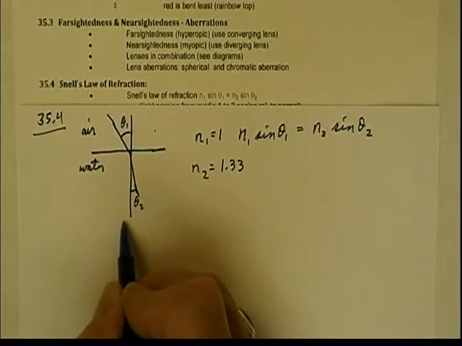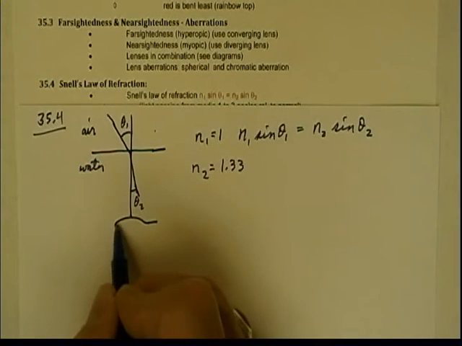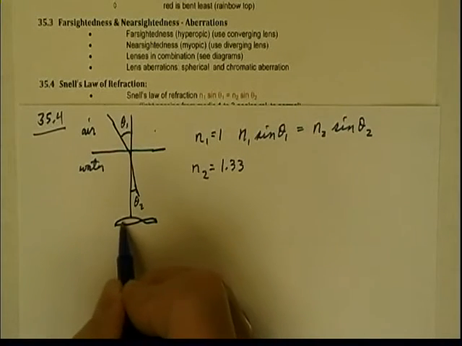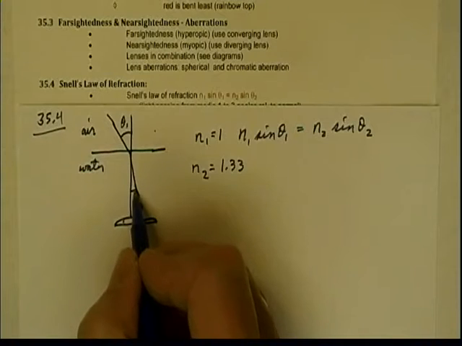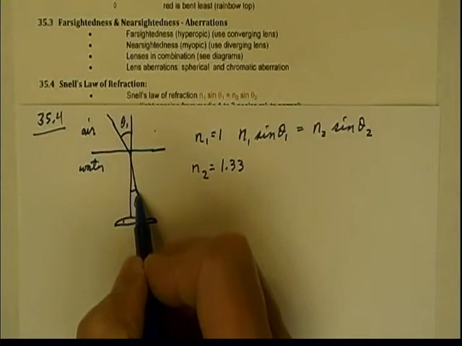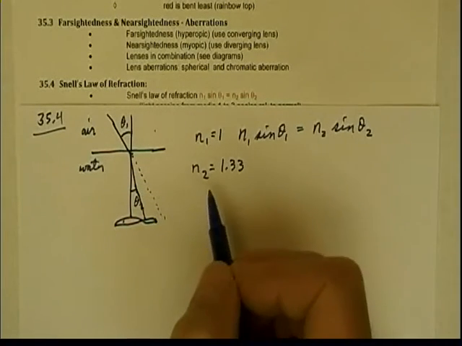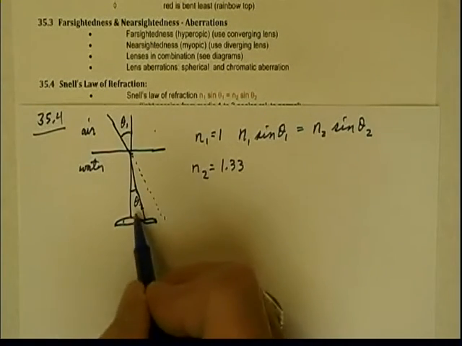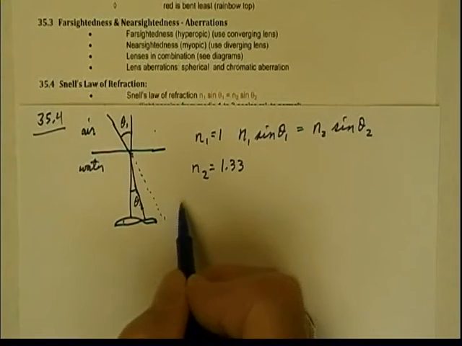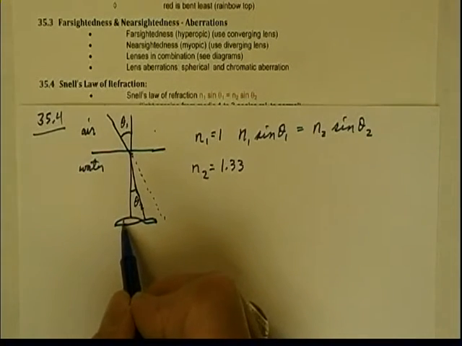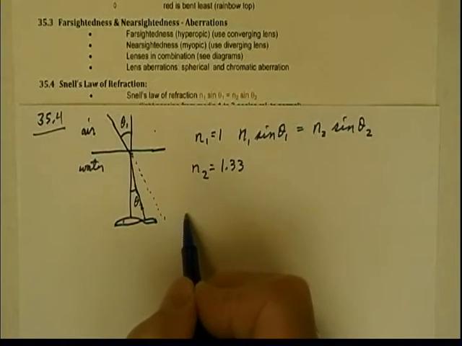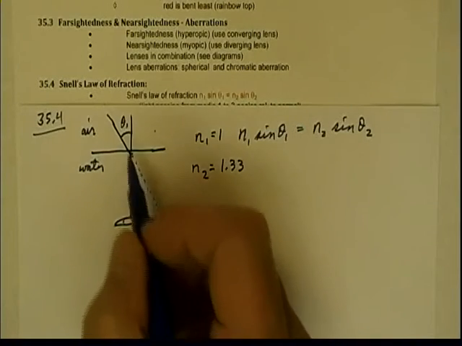So if we were to see a fish down here in the water, if you were to look at this fish, it would appear that the fish is actually over here. So the fish is actually always closer to you than it appears to be. So it appears to be further away at this angle.